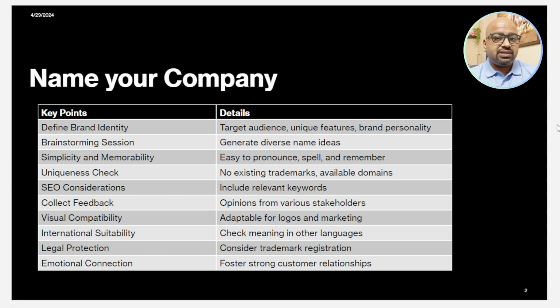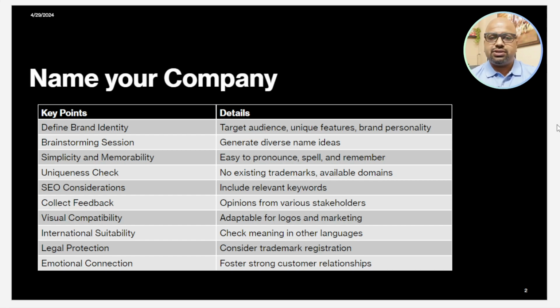In some language, in Sanskrit, it may be a good word, but when it comes to the meaning in other languages, it may be pretty bad or offensive. So in those cases, try not to use that. Please check. If I'm not targeting Spain, what my word means in Spain is not my concern, right? But if your target market is France and the meaning of your word in France is offensive, then obviously take it off. So that's one thing you need to look into.